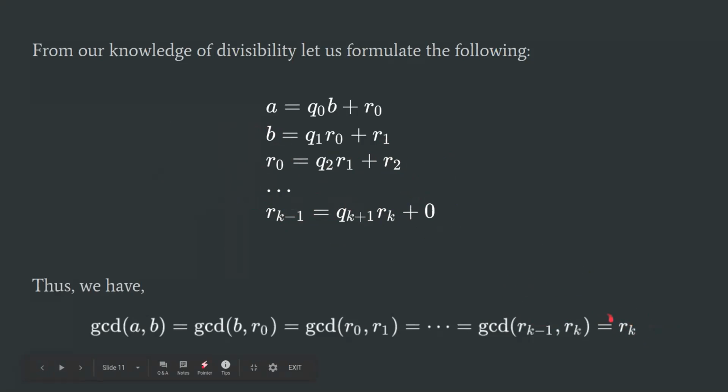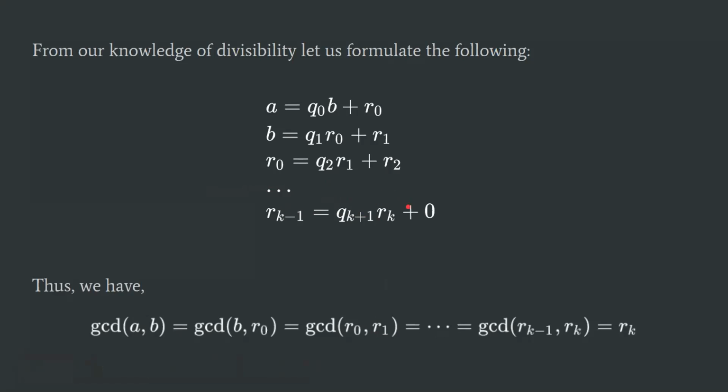For rk minus 2 and rk minus 1, rk is a divisor, but how do we know it's the greatest divisor? That's the point. For rk minus 1 and rk it's the greatest, that's fine. For rk minus 2, how do you write it? rk minus 2 is equal to a certain quotient times rk minus 1 plus rk, right?